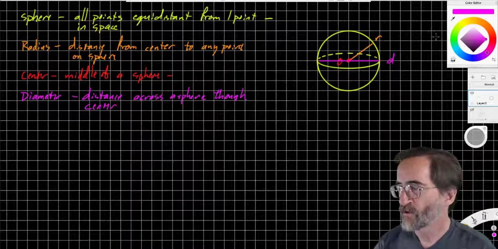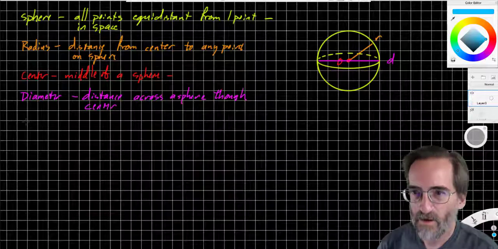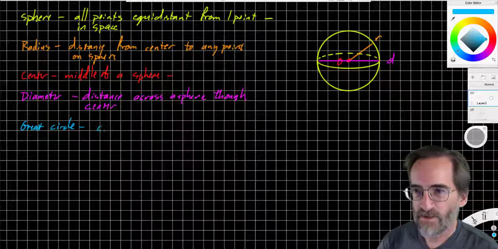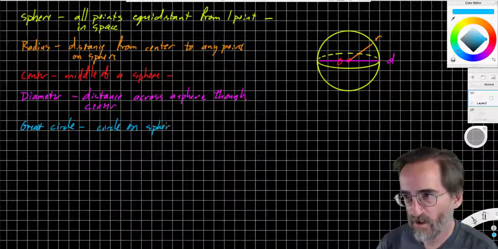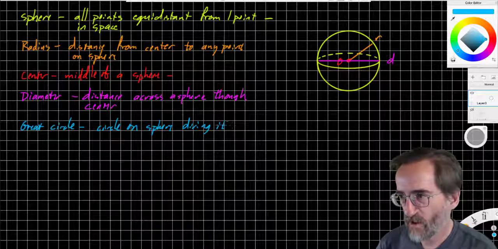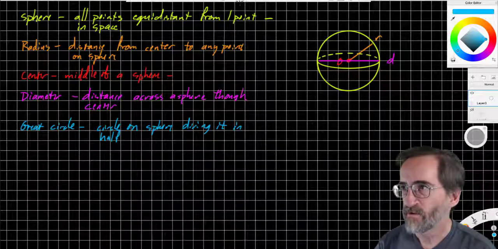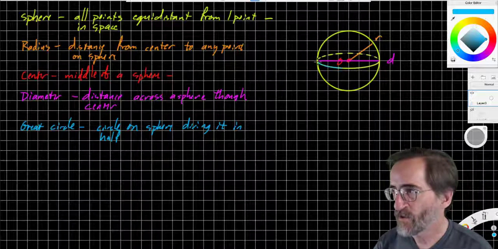Great circle. It's a circle on a sphere, dividing it in half. Okay, so the equator is an example of a great circle.